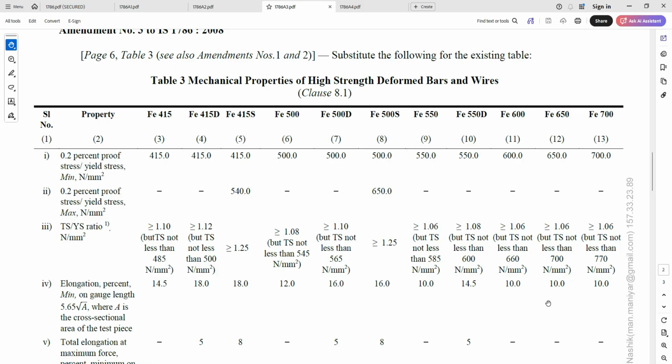As per 1786, for Fe550 ordinary, your criteria is 10%. But in the market, commonly available Fe550 can very easily give you percentage elongation more than 14.5%. So if I am putting conditions on TS to YS, I can in the same way put a condition on minimum percentage elongation, and I can save.